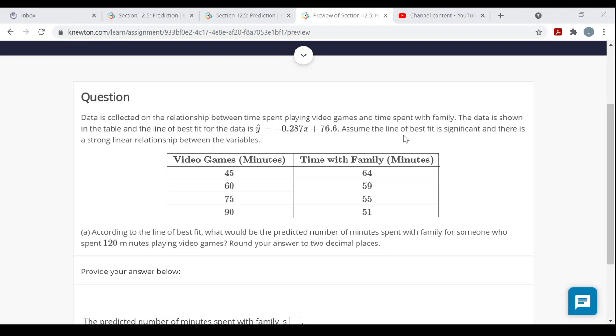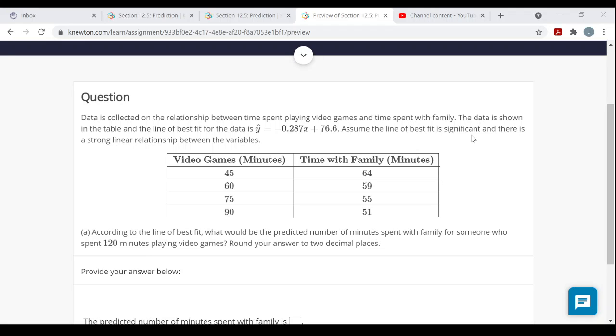All right, assume the line of best fit is significant. So remember, you found the value of r, the correlation coefficient, and then you compared r to critical values of r with 2 degrees of freedom here, because remember the number of degrees of freedom in those tables was n minus 2, the number of pairs minus 2. And you found the value of r was outside those critical values.